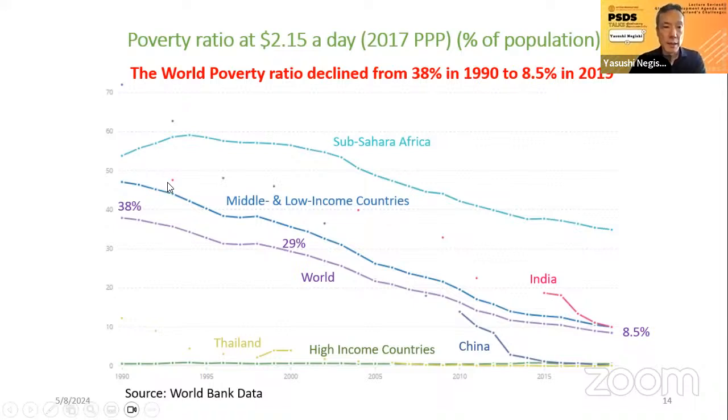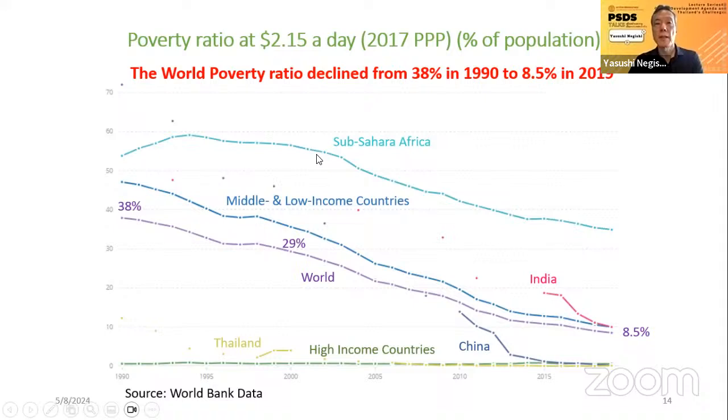India's past data started in 1993, which was around 47%, and currently this has decreased to around 10%. So these two countries, both highly populated, were able to reduce their poverty ratio during the past 30 years, which contributed to reducing the world poverty ratio.